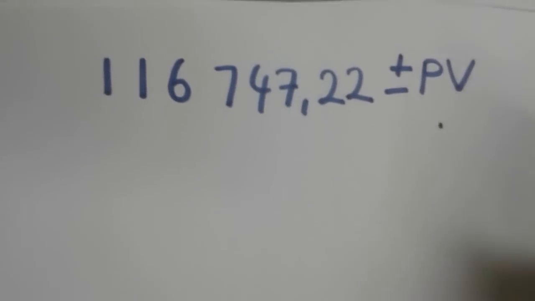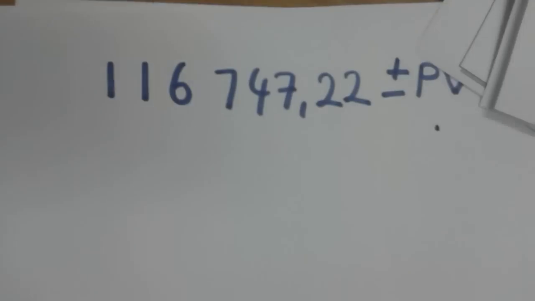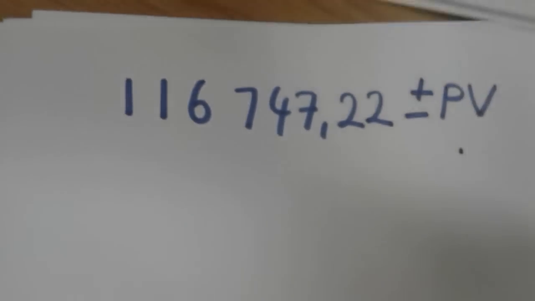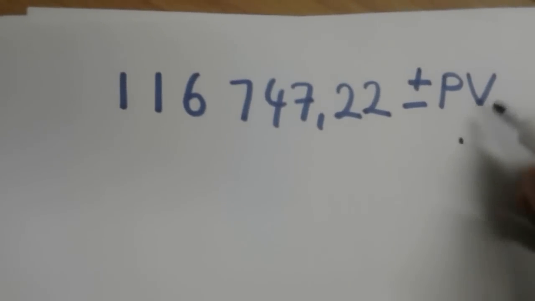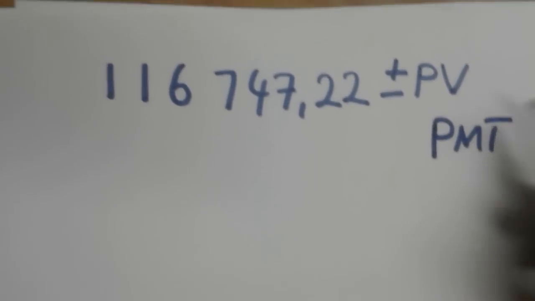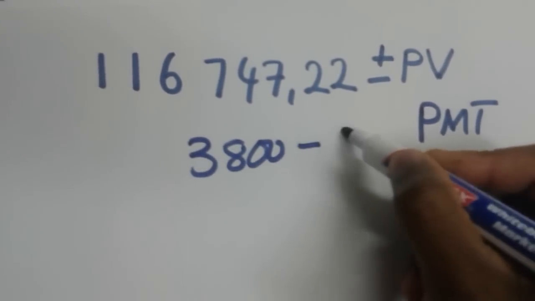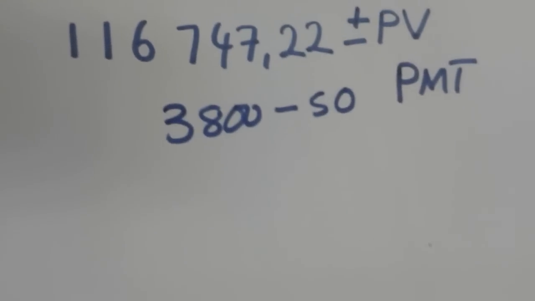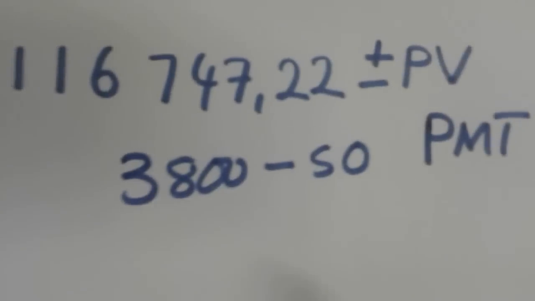And then we are also given that the payments are going to increase to 3,800. So the PMT, it is 3,800 minus the 50. Why? I'll give you a second. Why is it minus 50?